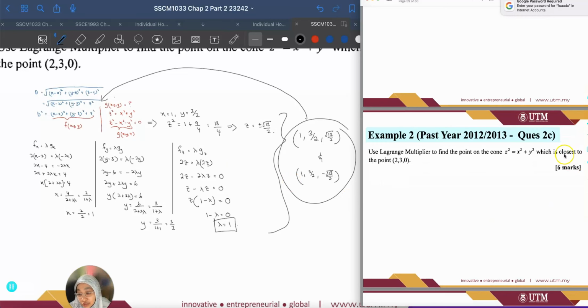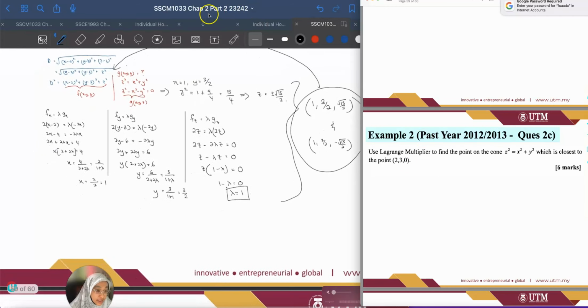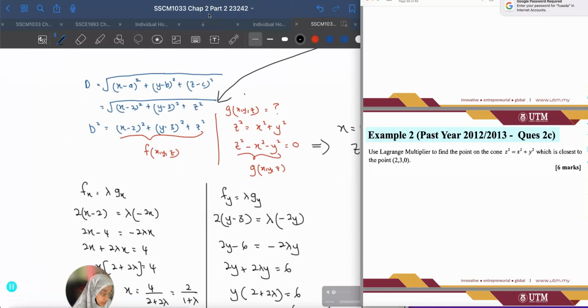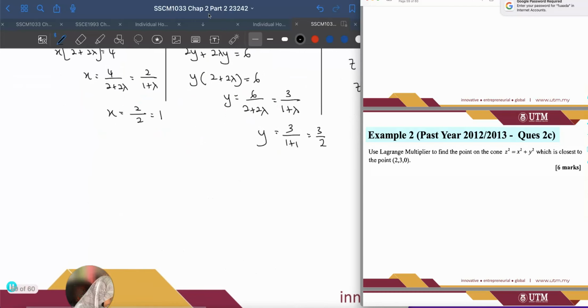Find the shortest distance, the minimum value. So now we substitute into the function here, because originally we used this, so we can use that. Then you have d square.